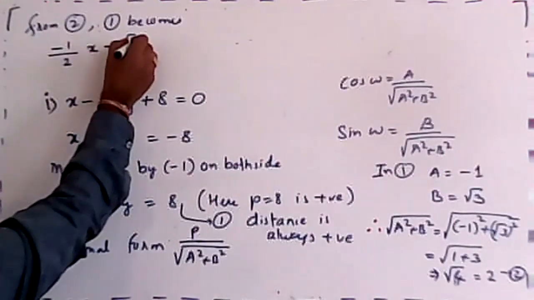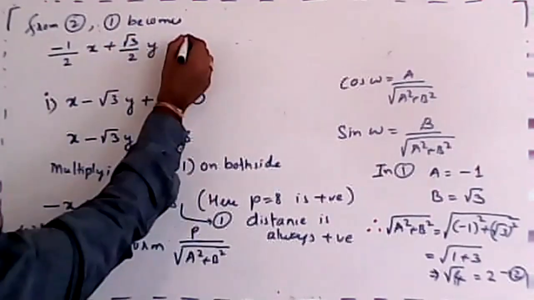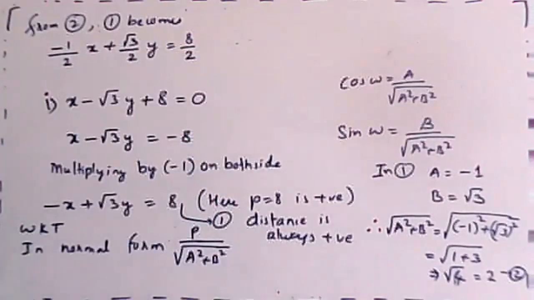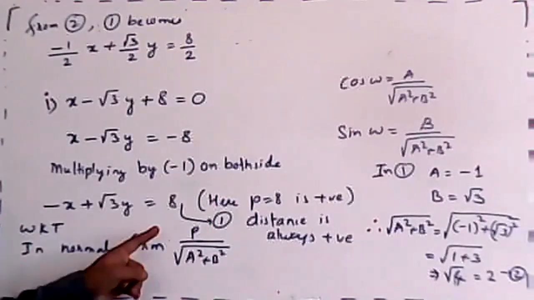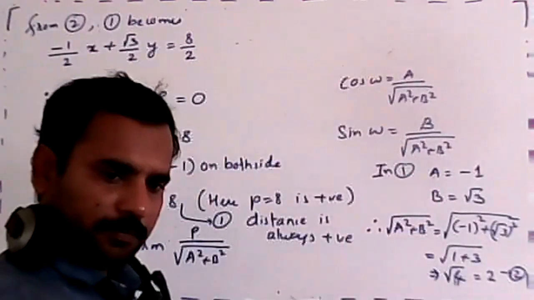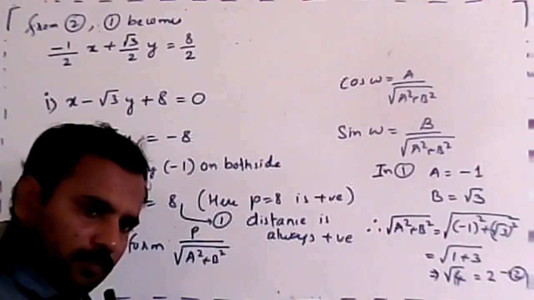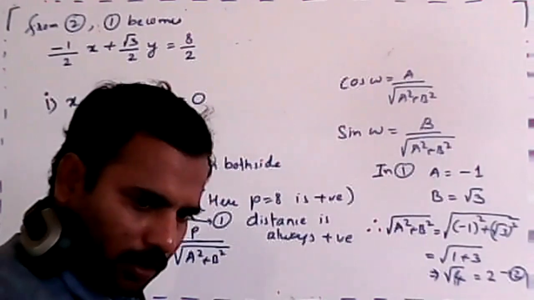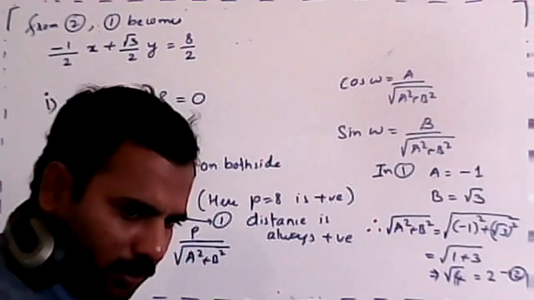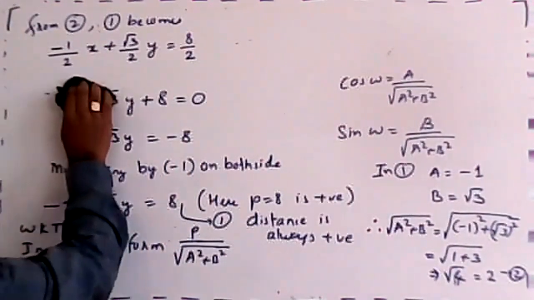Plus root 3 by 2 into y equals 8 divided by 2, correct? p is written like this, cos omega written like this, and sin omega. Right. Aniket, correct. Let me write them in detail.